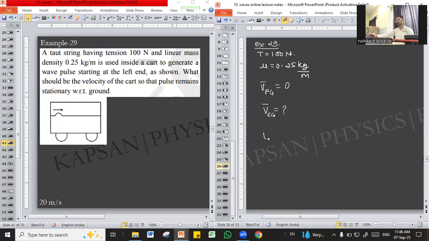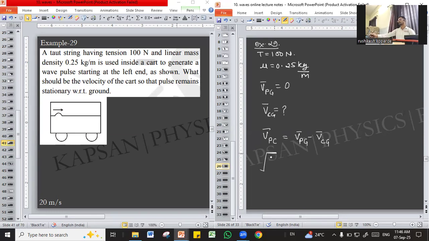So can I write velocity of pulse with respect to cart is equal to velocity of pulse with respect to ground minus velocity of cart with respect to ground? VPC is equal to VP minus VC, relative velocity. Now what is the velocity of the pulse with respect to the cart?